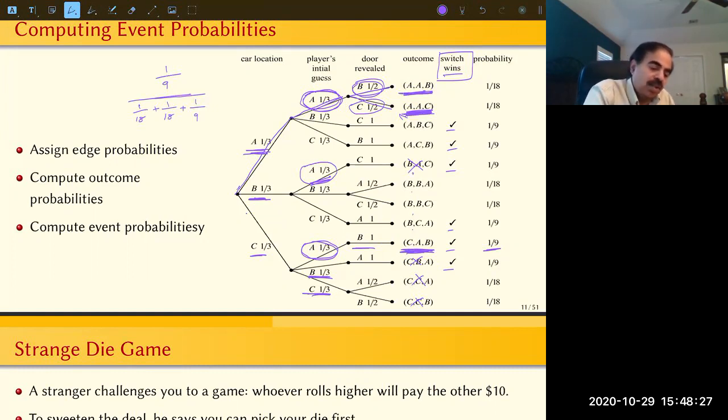So when you add 1 by 18 plus 1 by 18, that becomes 1 by 9. So 1 by 9 plus 1 by 9 is 2 by 9. So in other words, the probability is half. So what does it tell you?